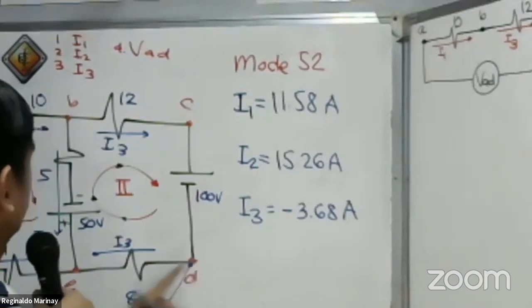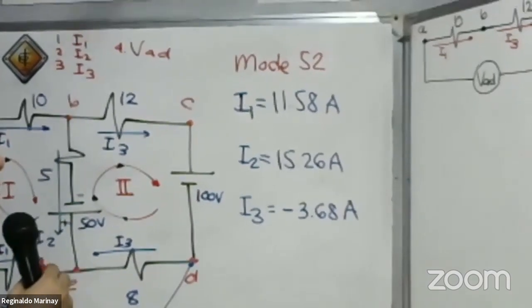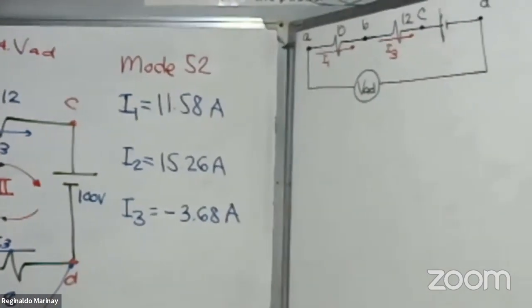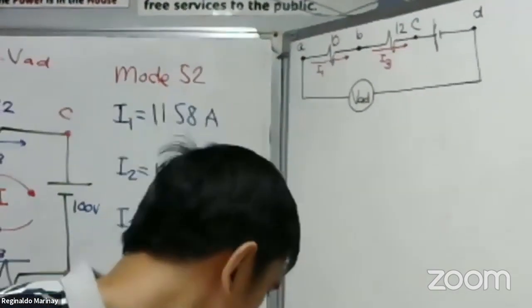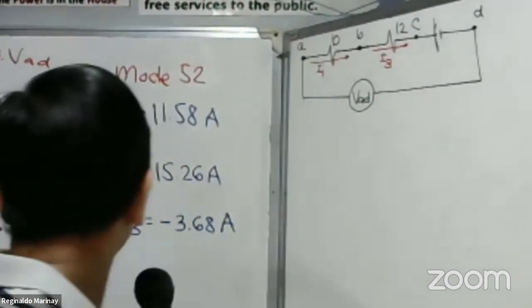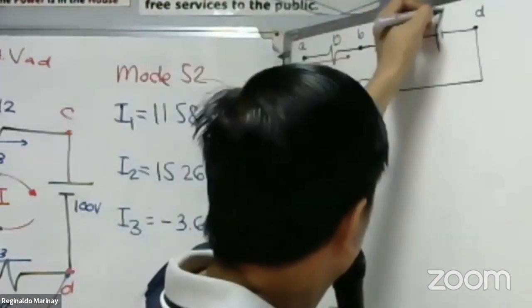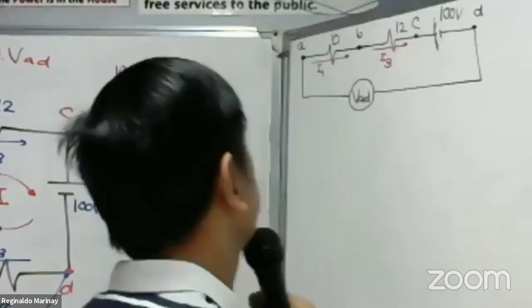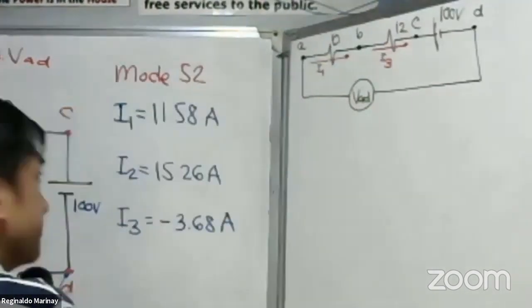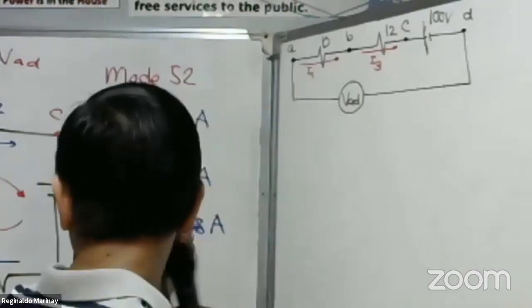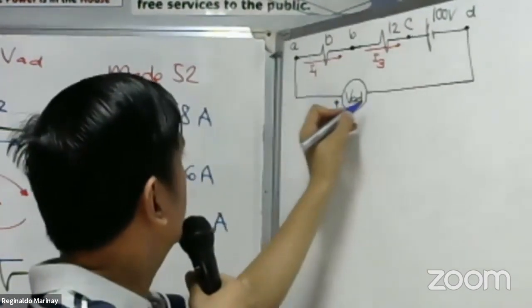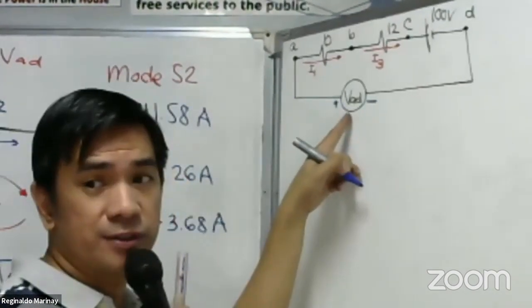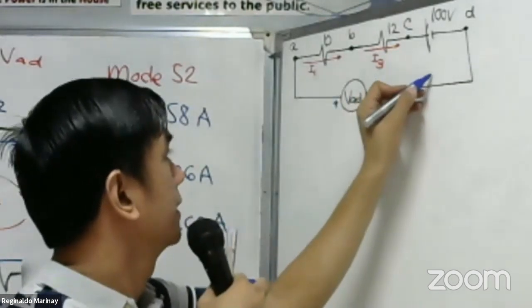So, we can now, this is the 100 volts source. Let us have our tracing. Remember, this is the positive terminal and negative terminal of the voltmeter. We have a voltmeter here.